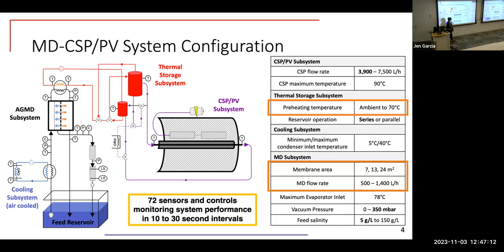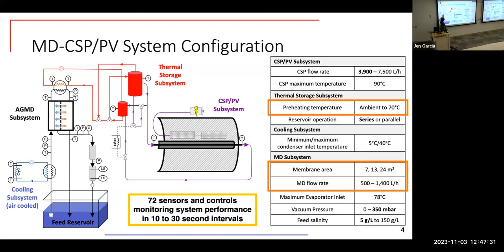Some of the ones that I'll talk about today are preheating temperature. Do we start these two systems in tandem, or do we let our thermal system heat up to a set point and then start to operate our membrane system?